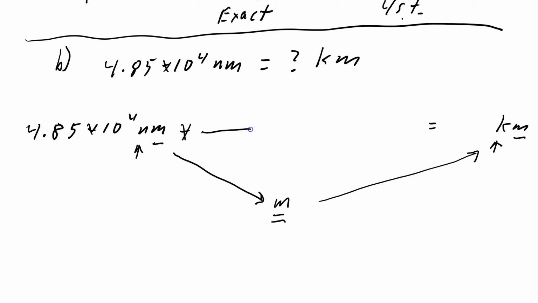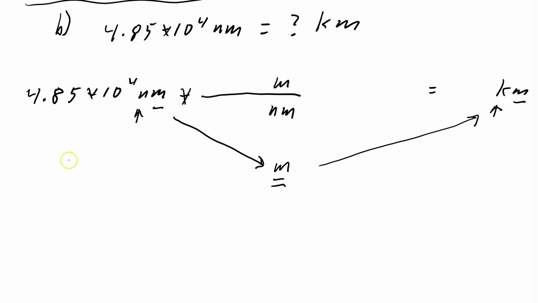Our first conversion factor then is going to convert nanometers to meters. So I need nanometers downstairs and meters upstairs. Our conversion factor is 10 to the 9th nanometers equals 1 meter. So I have upstairs 1 meter and 10 to the 9th nanometers downstairs. Nanometers cancel, I'm left with meters.